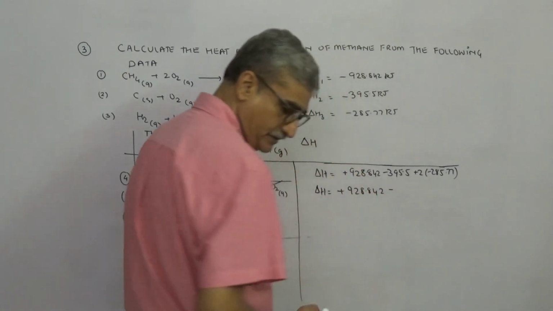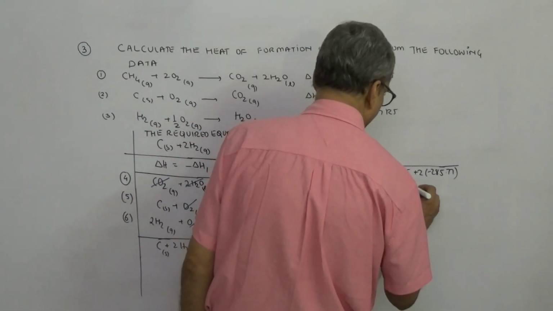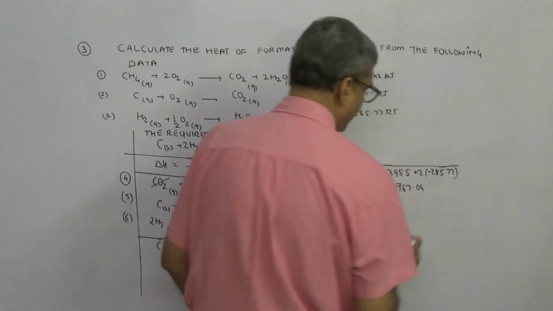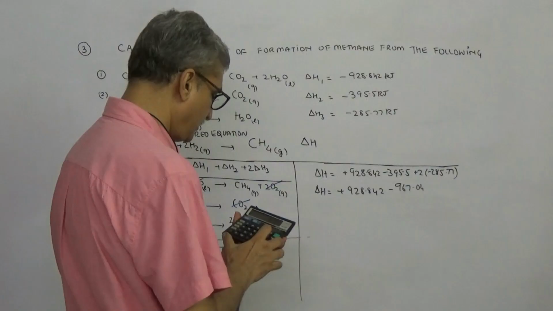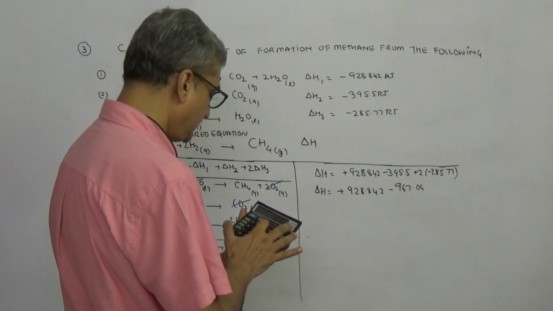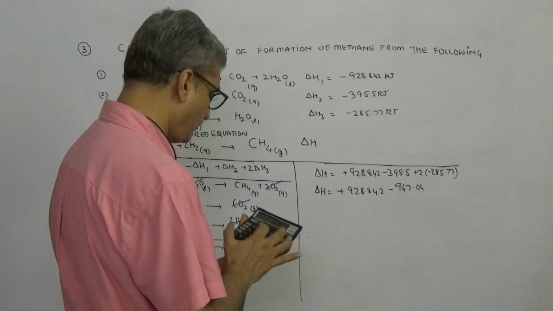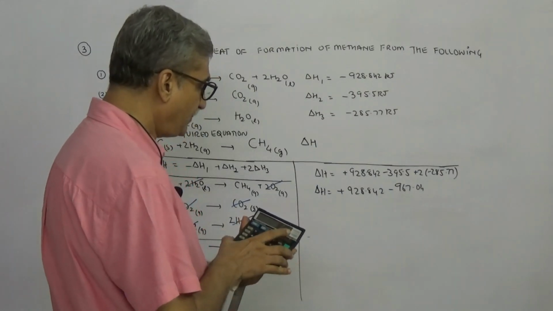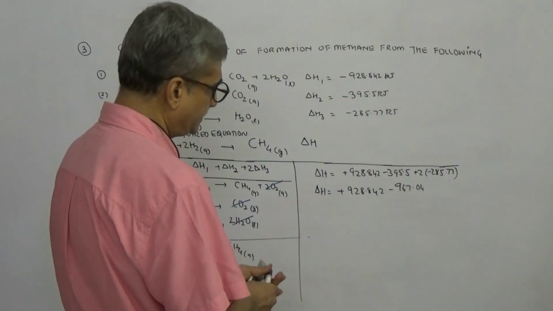So delta H is equal to plus 928.842 minus 967.04. So 967.04 minus 928.842, you get the value. Which one is greater? 967.